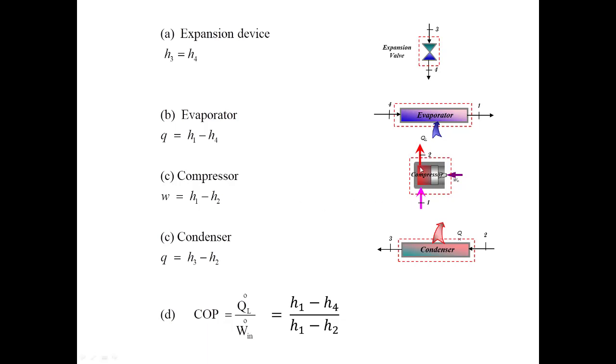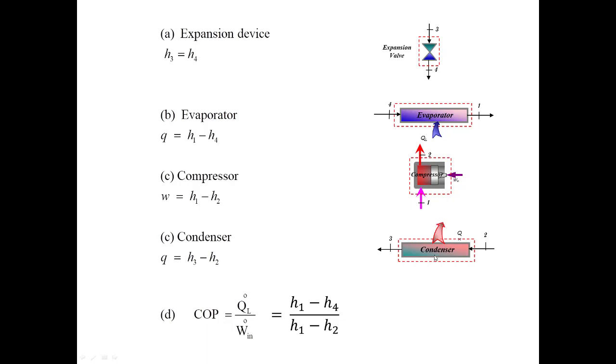In case of the compressor, there is no heat in or out of the system, the only term is W. So W is equal to the difference of enthalpy, H2 minus H1, because this is an open system. So Q minus W will be equal to the difference of the enthalpy. If this is a closed system, Q minus W would be equal to the change of internal energy of the system.